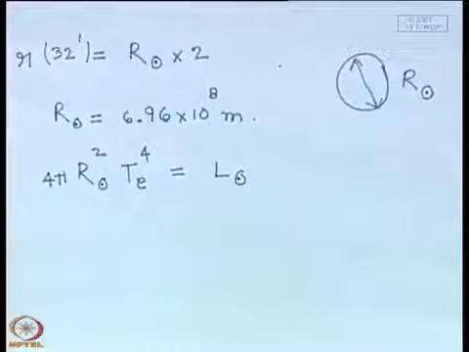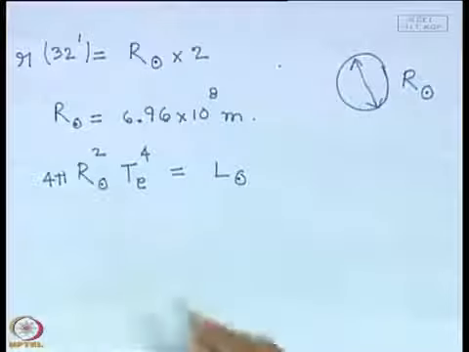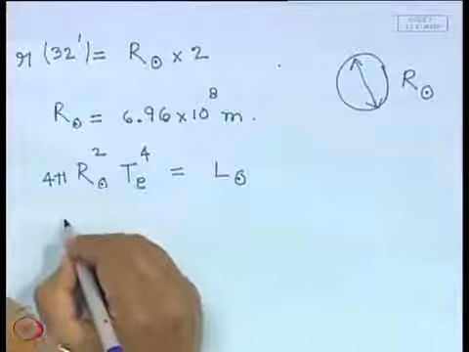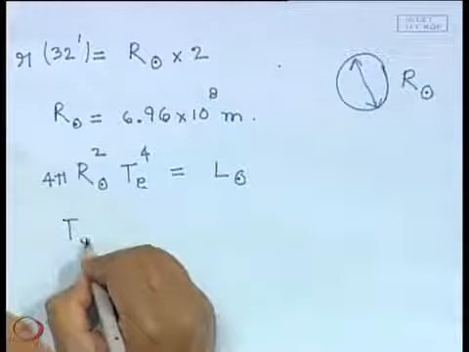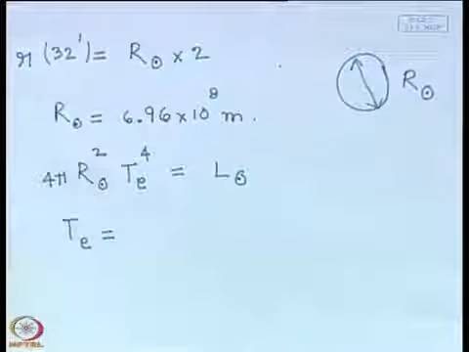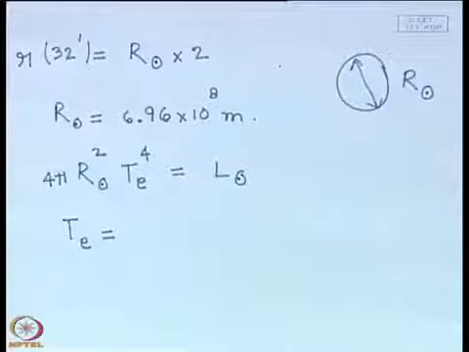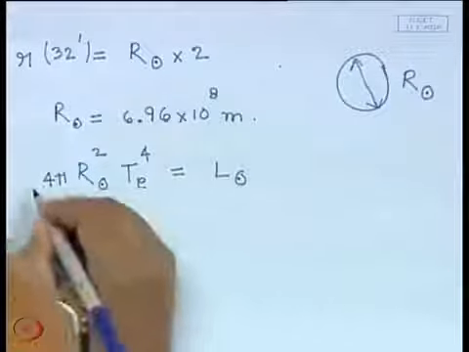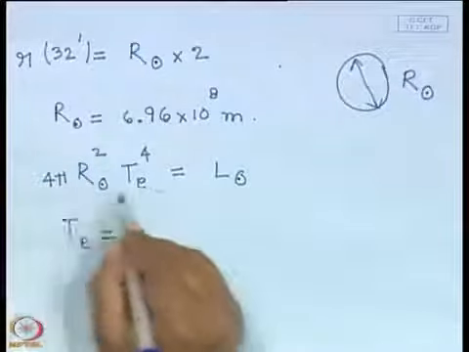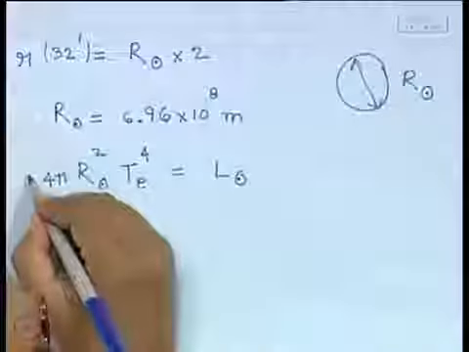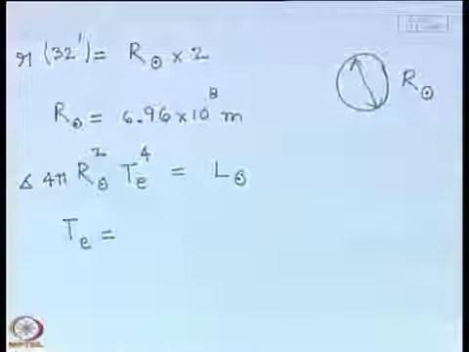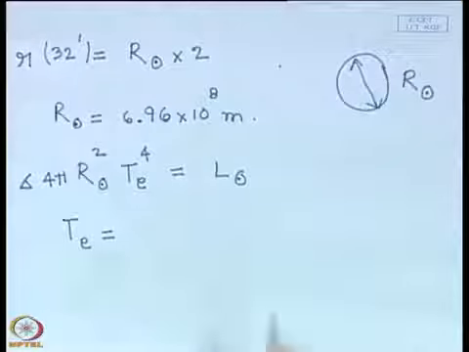So, you have to put in the values to calculate the effective temperature: the surface area, times the temperature to the power 4, times the Stefan-Boltzmann constant sigma.